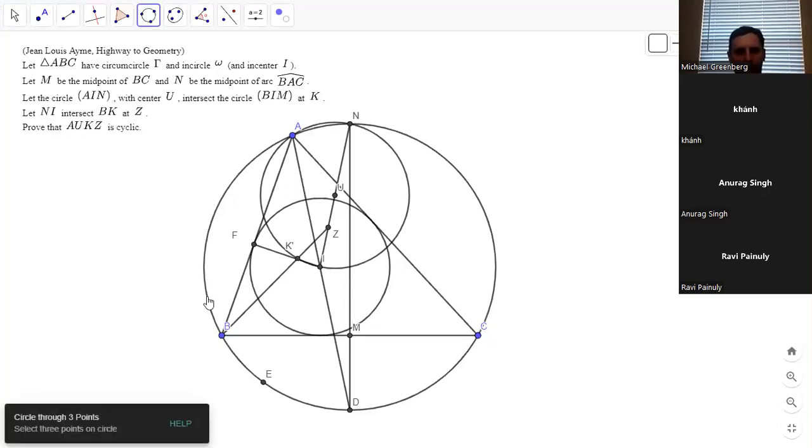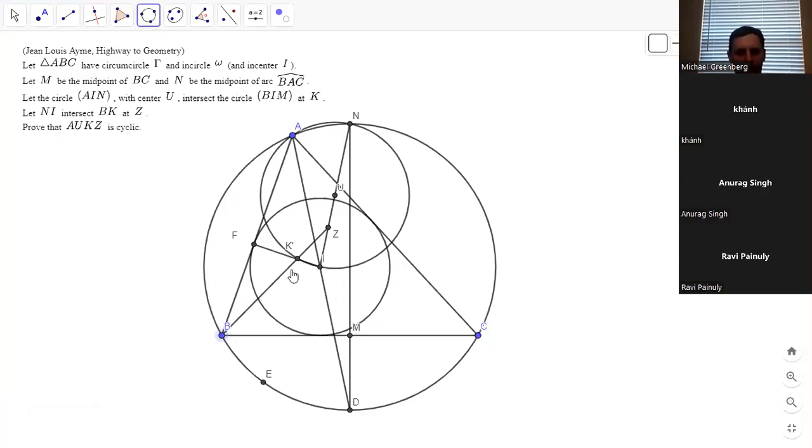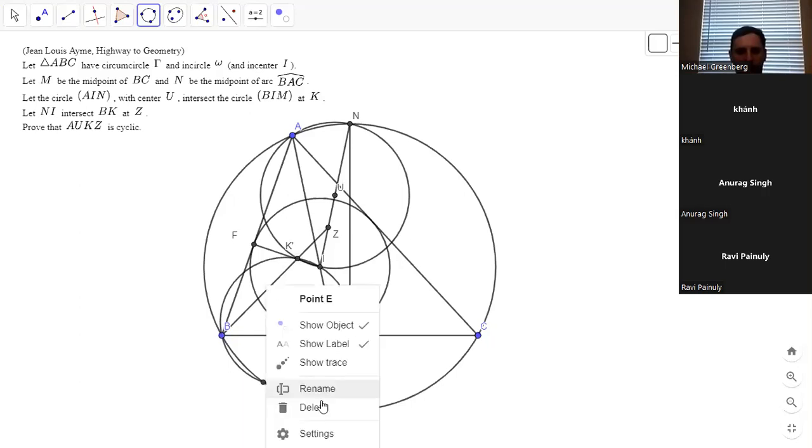But and then we can show M lies on that. Or I guess we need to show that BK prime IM is cyclic, right? Oh, okay. Let me delete this point.